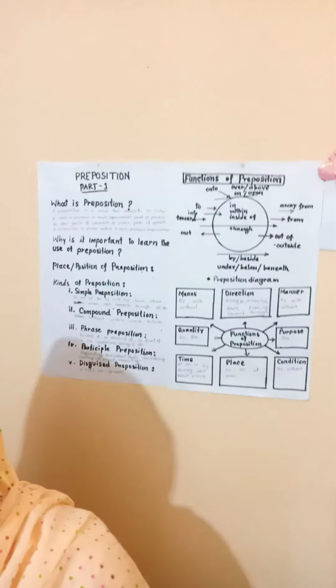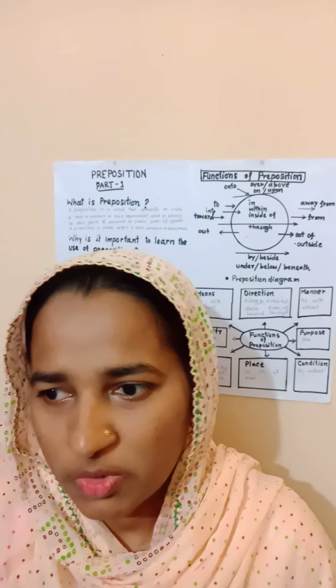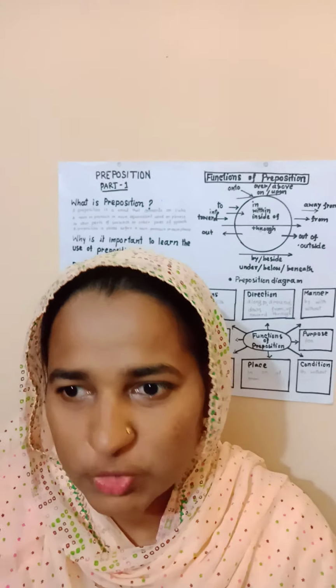If we think about the word itself, we find two parts: pre and position. Pre means before, and position means place. The word taking place before. Before what? Before a noun, or before a pronoun, or a word that gives the meaning of a noun.